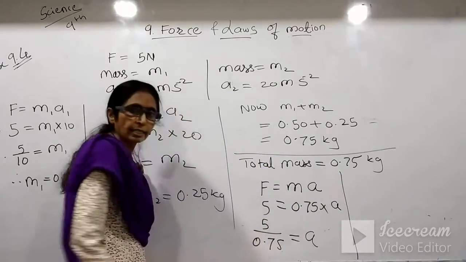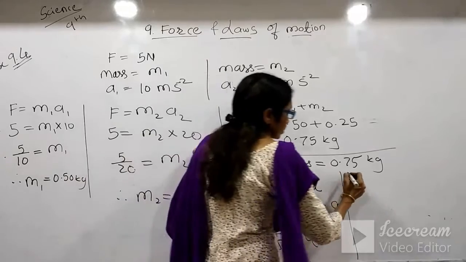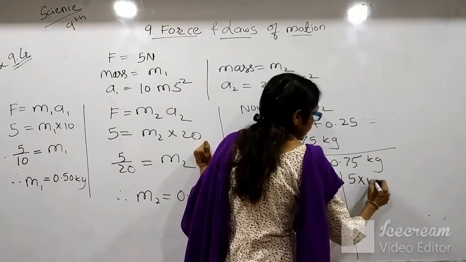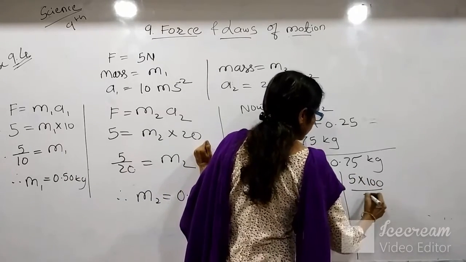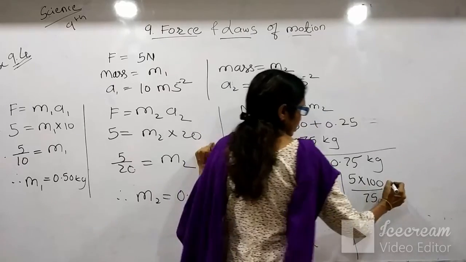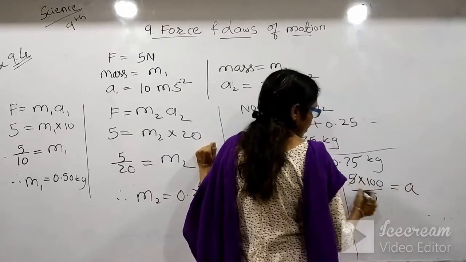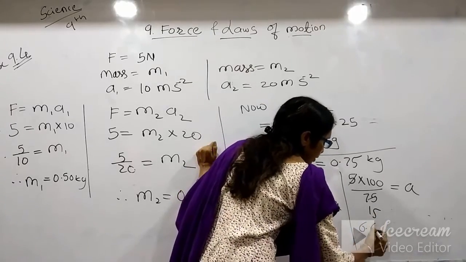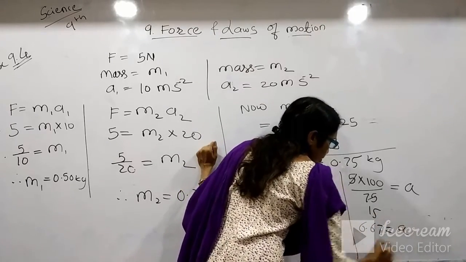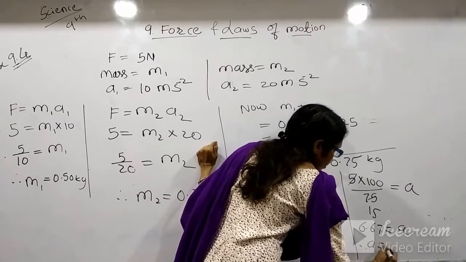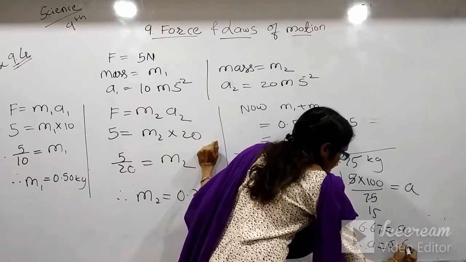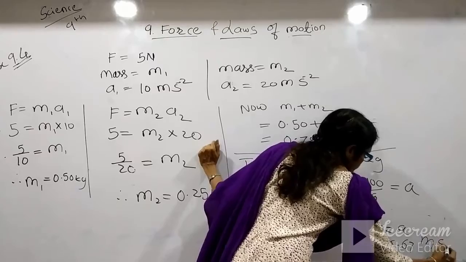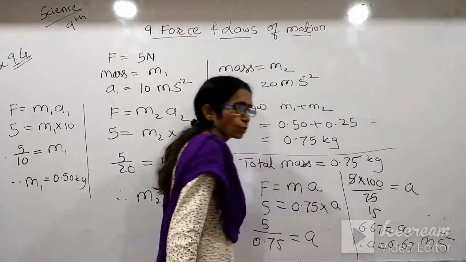To remove the decimal point, 5 into 100 upon 75 is equal to a. When we cut, 100 upon 15 is 6.67. Therefore, a is equal to 6.67 meter second raised to minus 2.